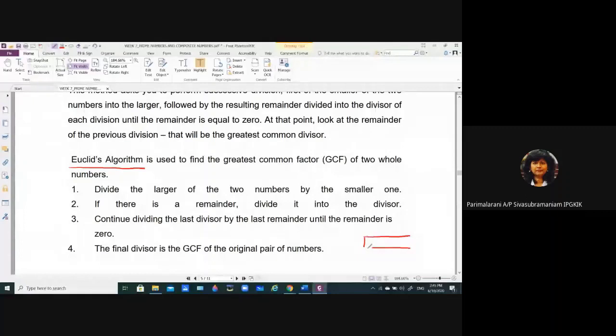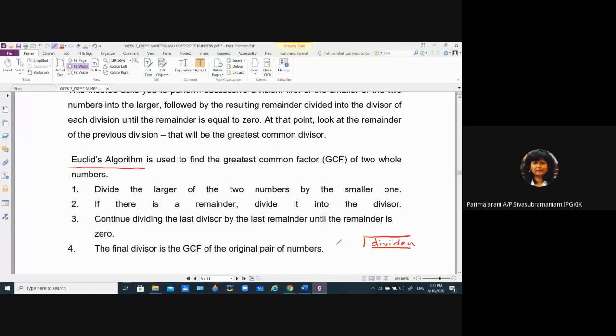So now we are going to divide. When you do division, what is the number inside here called? This is not in the notes. Dividend. Yes, dividend.